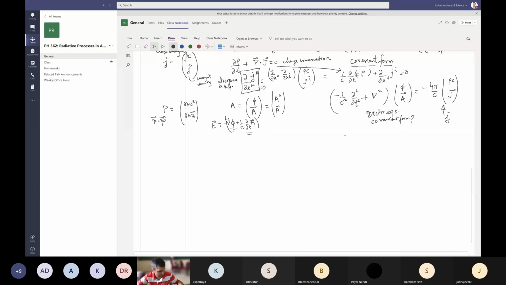This is nothing but ∂/∂xᵅ ∂/∂xᵅ Aᵝ equals minus 4π/c jᵝ.